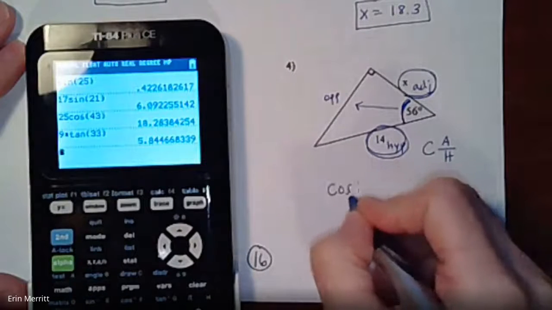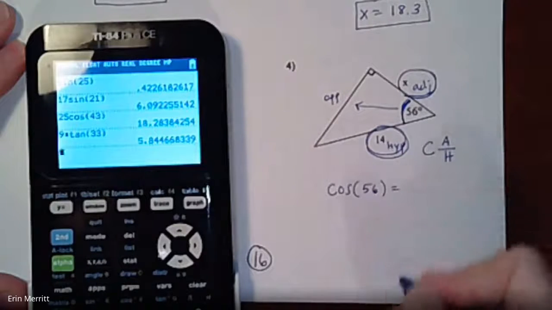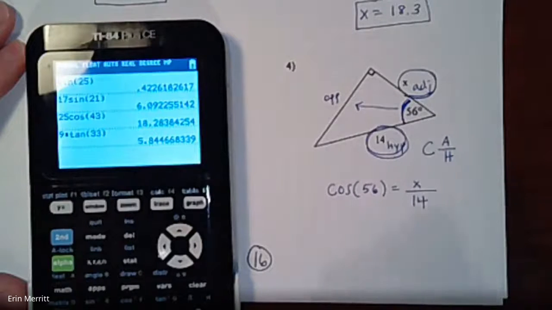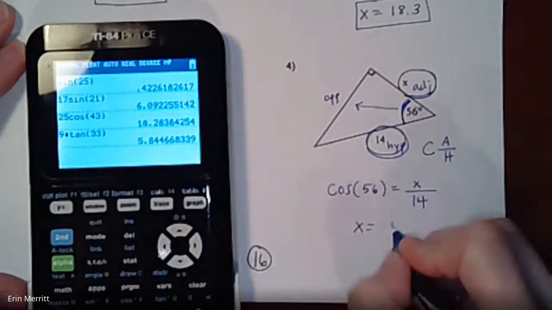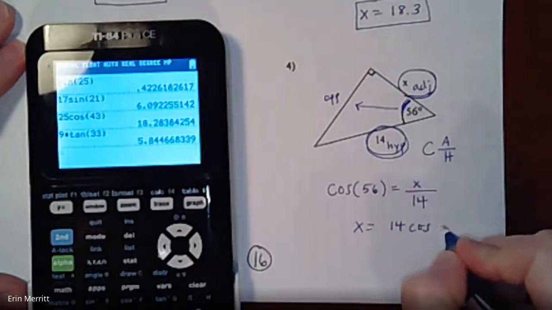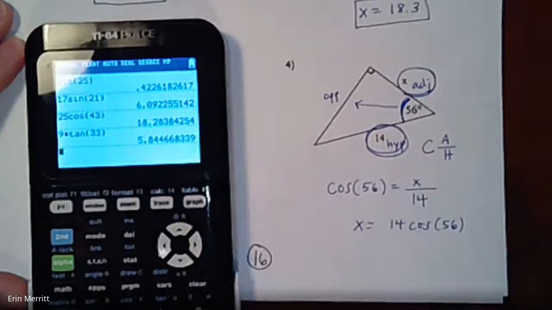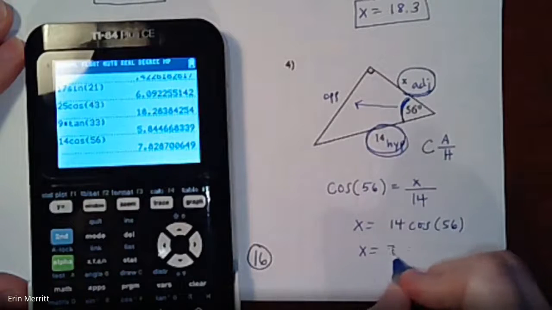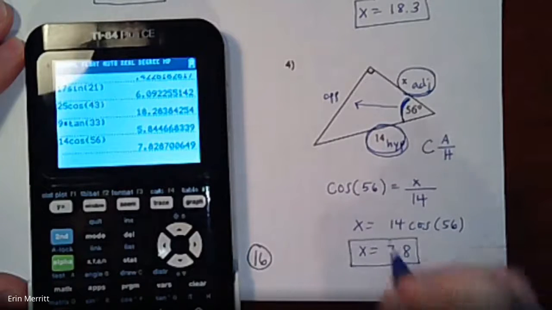So cosine of 56 degrees equals the adjacent over the hypotenuse. All right, multiply that 14 on over so that we get 14 times the cosine of 56. So 14 times cosine of 56, that will give us 7.8 and change, but to the nearest tenth, 7.8. Yay, you did it.